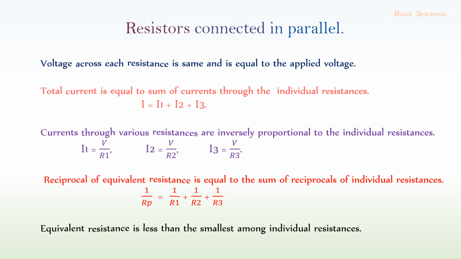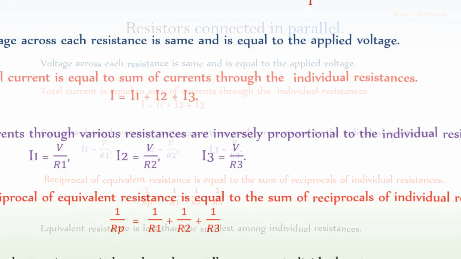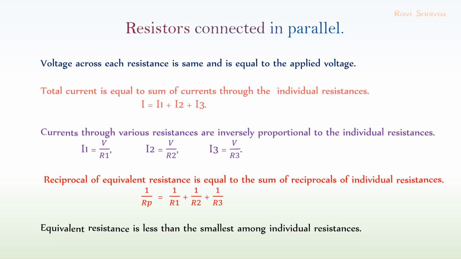We can decrease the resistance by combining the resistors in parallel. Equivalent resistance is less than the smallest among individual resistances.